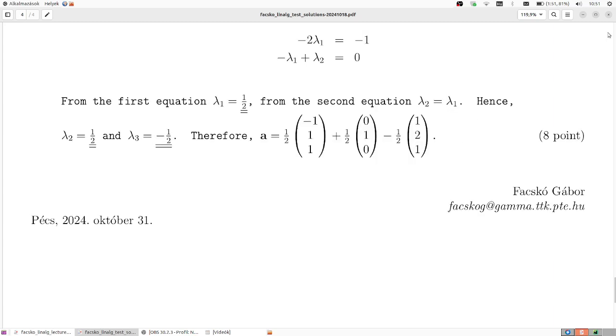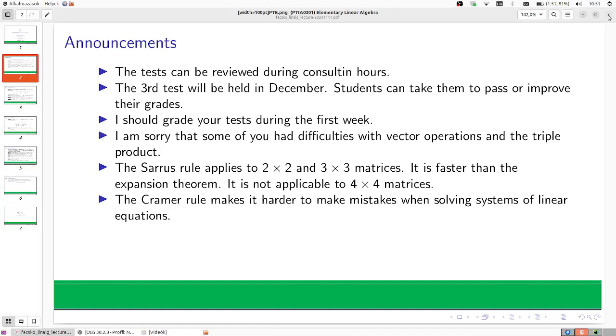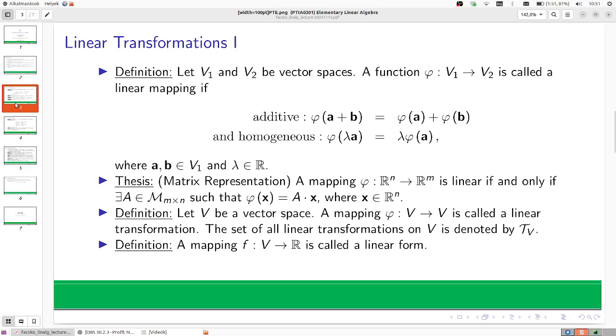Okay, we can discuss this later. Okay, good. So there will be three more chapters. The last one will be the eigenvalues. Eigenvalues.